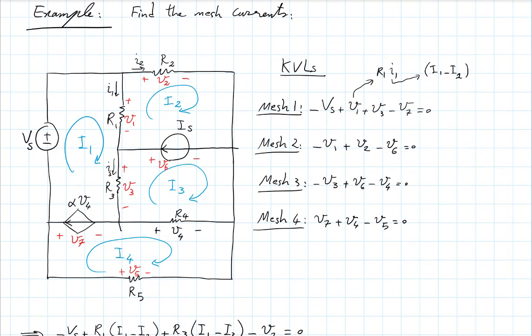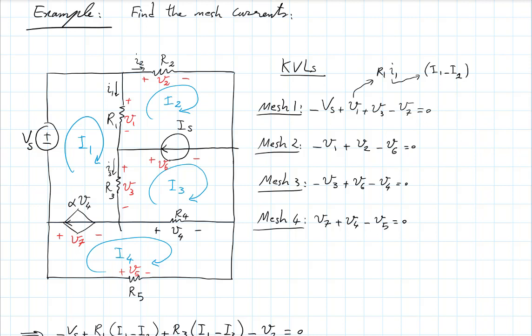It's just big I2. Element R2 happens to be part of only one mesh. So in this particular case, the mesh current actually does equal a physical quantity.